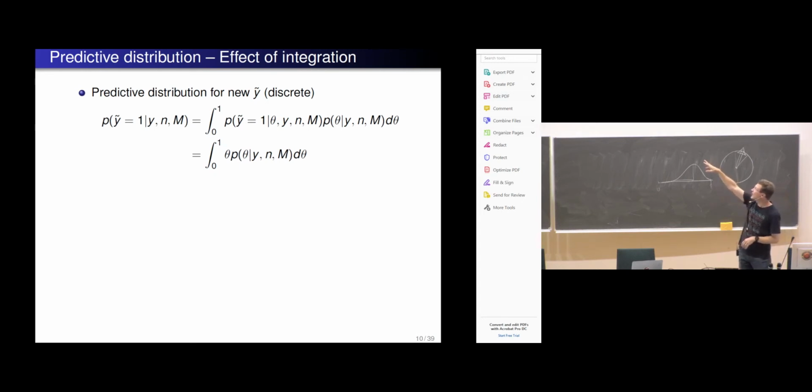So the probability that the next one is red, given theta, is just theta. And then we integrate over theta given this density. So we have the probability density and then theta, and we multiply them and integrate, which actually gives us the weighted average of theta.